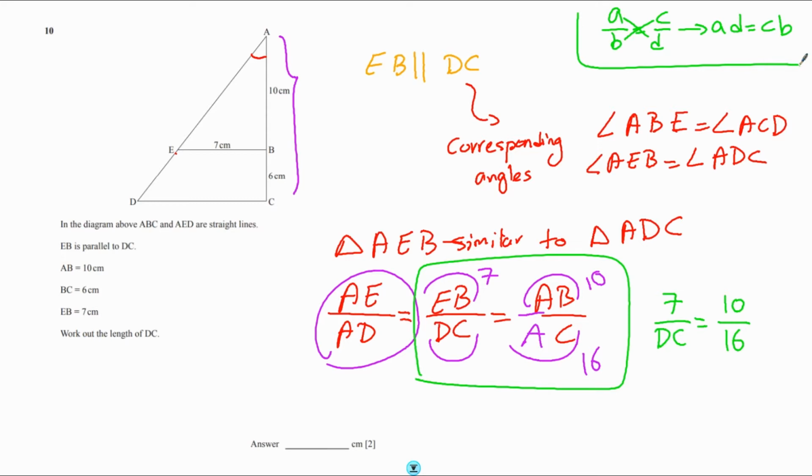So if I do a cross multiplication here, that would be 7 times 16 equals 10 times DC. From that, DC would be equal to 7 times 16 divided by 10. 7 times 16 is 112, and 112 divided by 10 is 11.2.